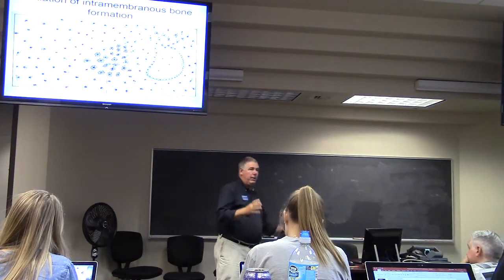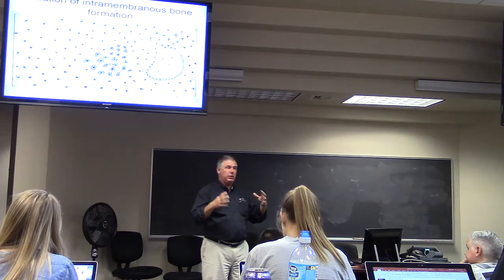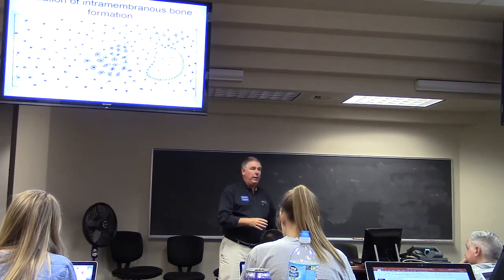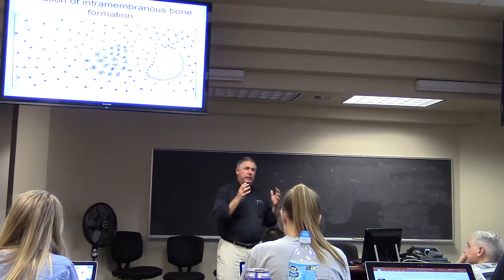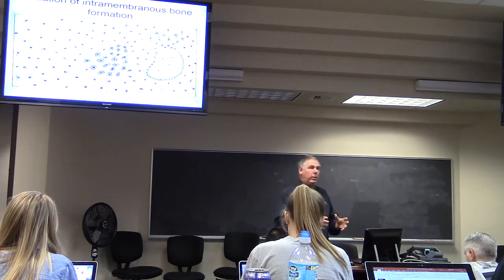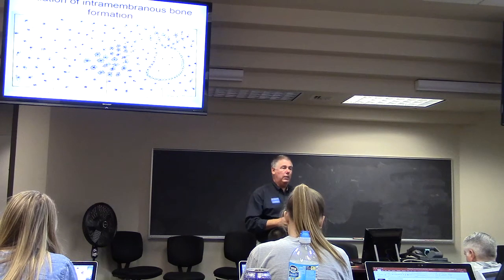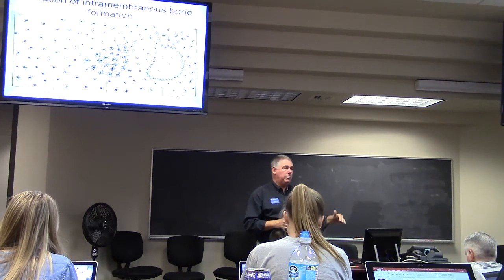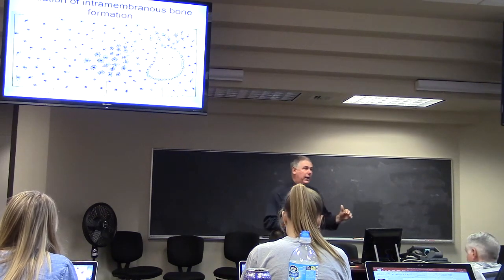They join together and start secreting osteoid. Osteoid is the substance secreted by osteoblasts. It contains type 1 collagen and a whole bunch of non-collagen proteins I'll talk to you about on the next slide.